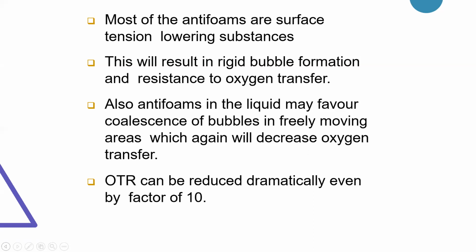So make sure that you add the anti-foaming agents, but in the optimum amount. If you overdose the anti-foaming agents, it will cause coalescence of the smaller bubbles into bigger ones, which will again decrease the OTR due to the increase in surface tension and the decrease in the what? Decrease in the surface area.